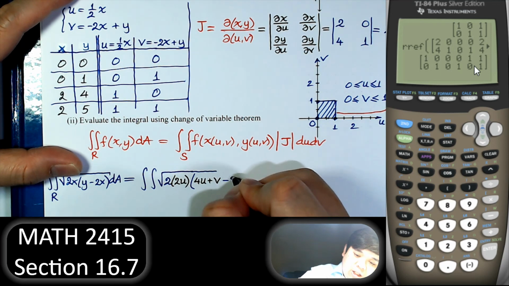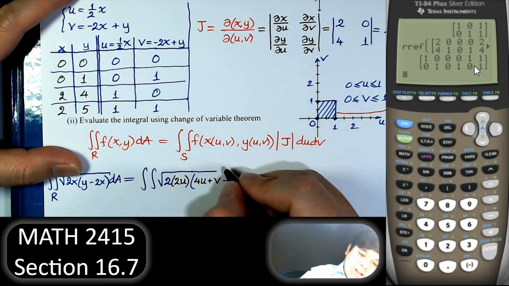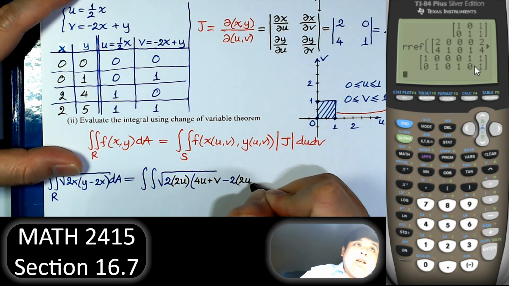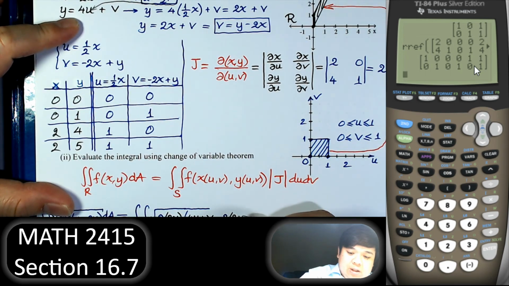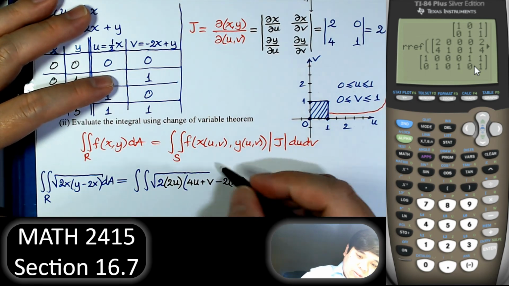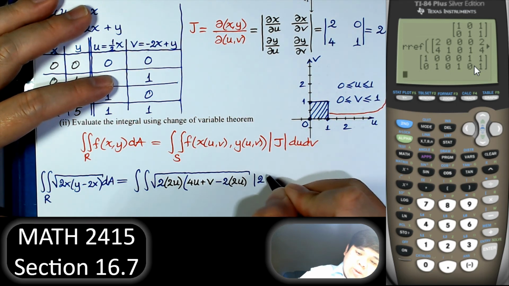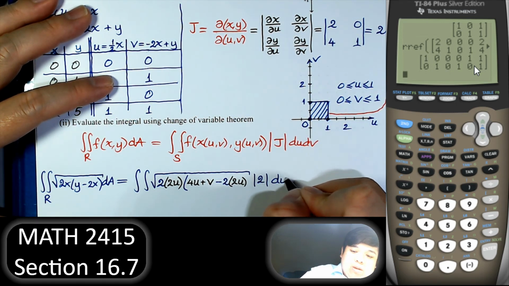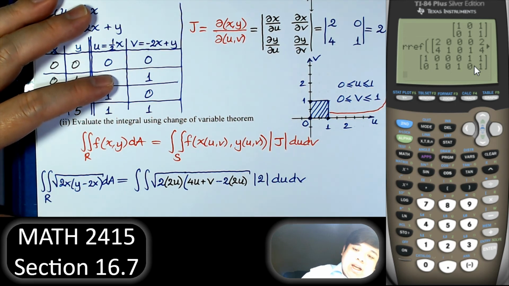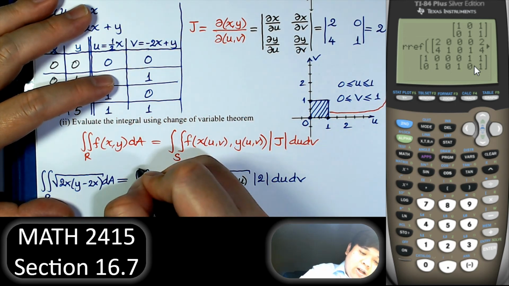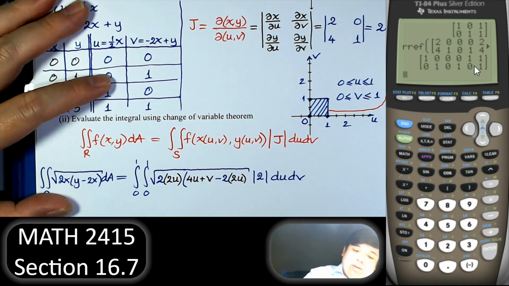Subtract 2x, and 2x is 2u. The Jacobian is 2, absolute value of 2. In this case we will write in terms of du and dv. The integral will be from 0 to 1, and from 0 to 1.